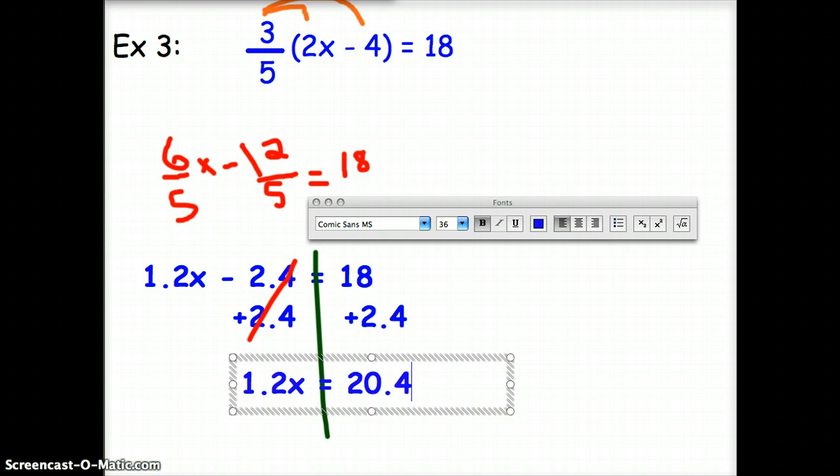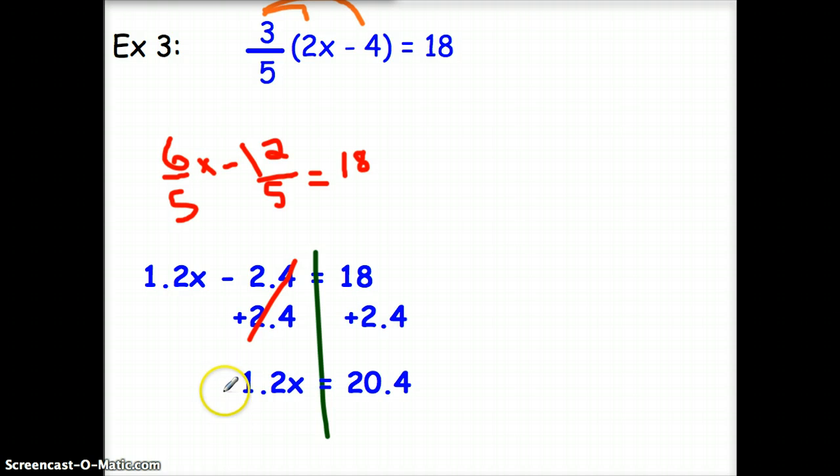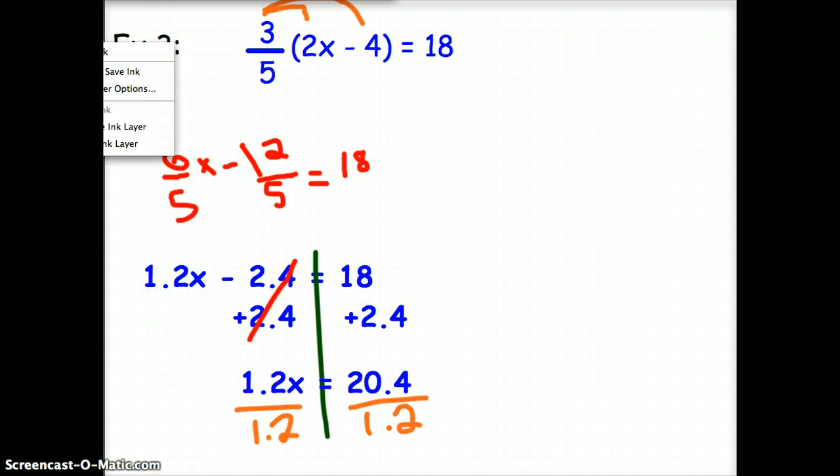Divide both sides by 1 and 2/10, and we get an x value of 17. Not impossible, but definitely not the easiest way that we can work through this problem.